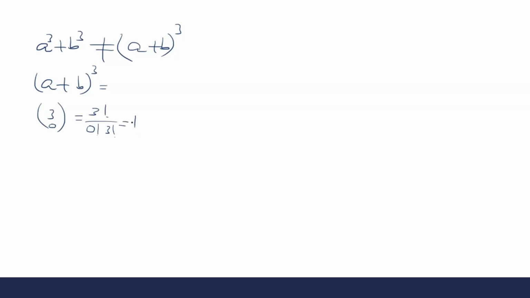So the first coefficient is 1. This will form a cubed plus 3a squared b plus 3a b squared plus b cubed.